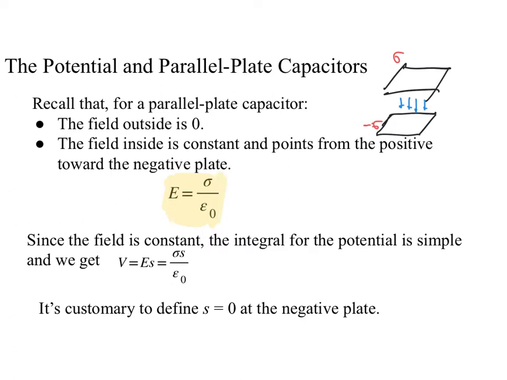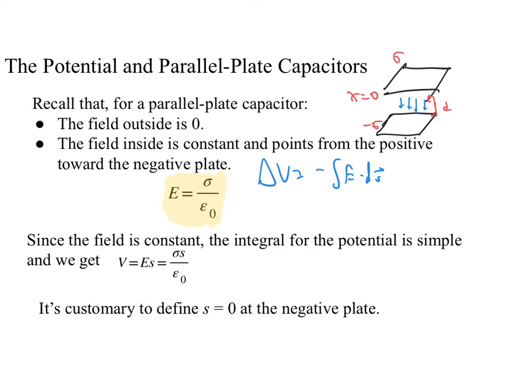Since the field is constant, the integral is really, really simple, because we're saying that delta V, remember, is minus the integral of E dot ds. So if we're going to go from, let's say, let's call this x equals 0, and this would be the displacement.